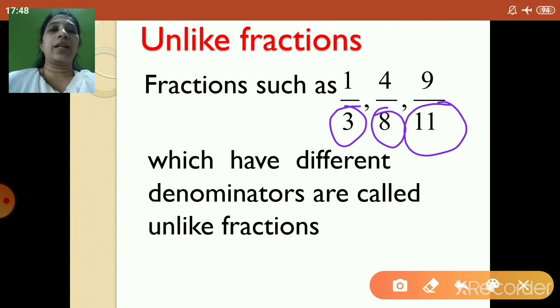So all the three denominators are different, right? That's the reason they are called unlike fractions. So the fractions which have the same denominator are called like fractions, and the fractions which have different denominators are called unlike fractions. I hope students, you have understood the difference between like and unlike fractions.